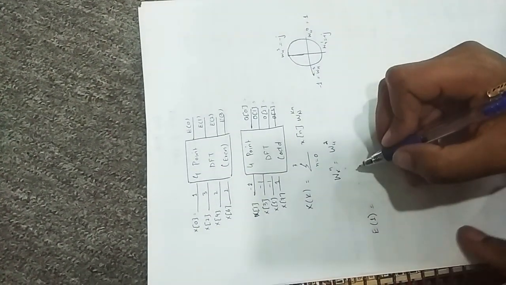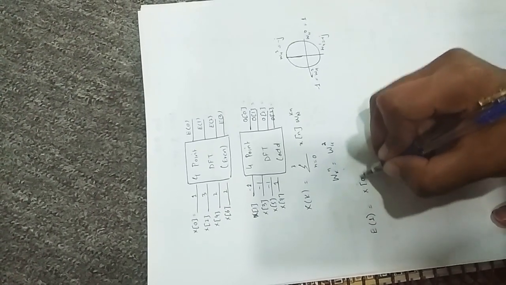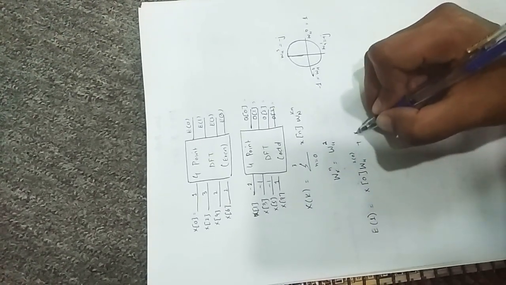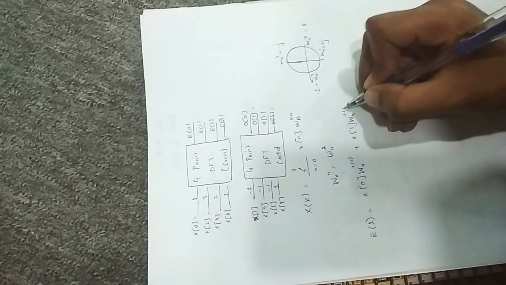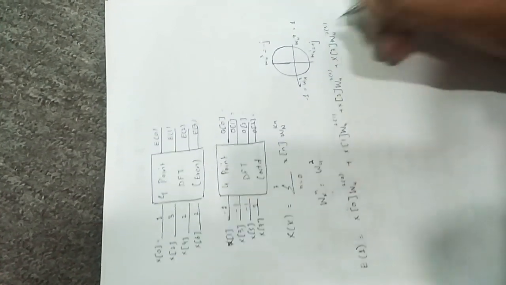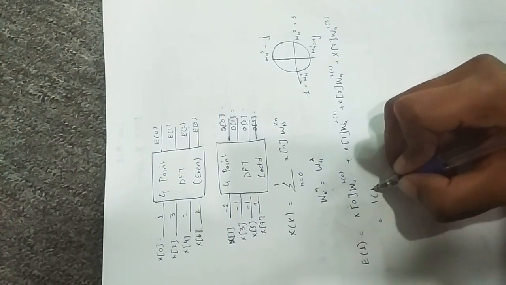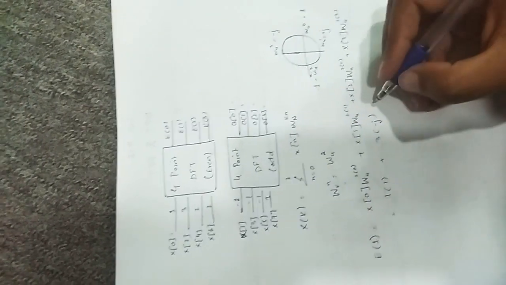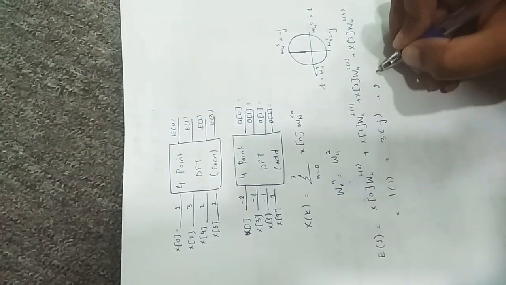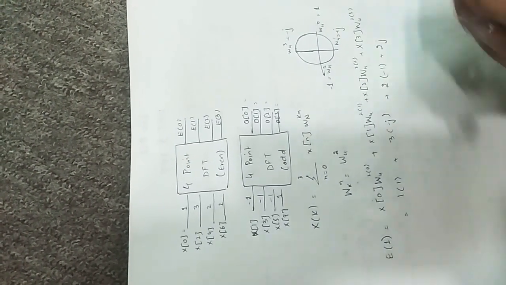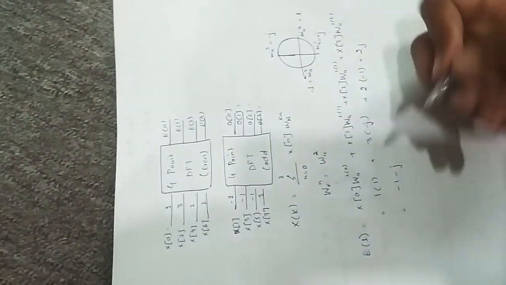Let's suppose that I'm calculating E1. I'm putting these values here: x of 0 times W_4^0, plus x of 1 times W_4^1, plus x of 2 times W_4^2, and x of 3 times W_4^3. I will get the following results, and the final result that I get is minus 1 minus j.